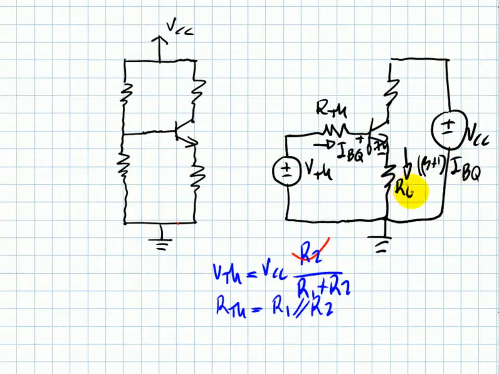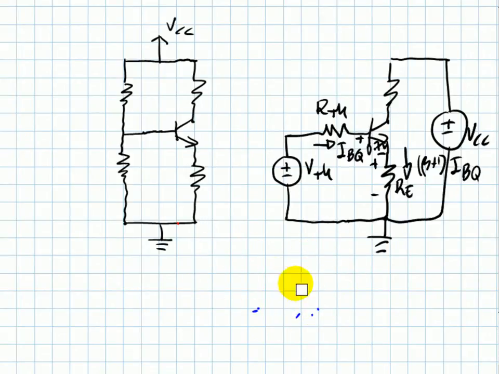Correct. So, this voltage drop will be that current times RE. This is that current times R Thevenin, and this is 0.7. We can write a KVL equation in that loop and solve for the current, and I invite you to do that, and you always get exactly this.